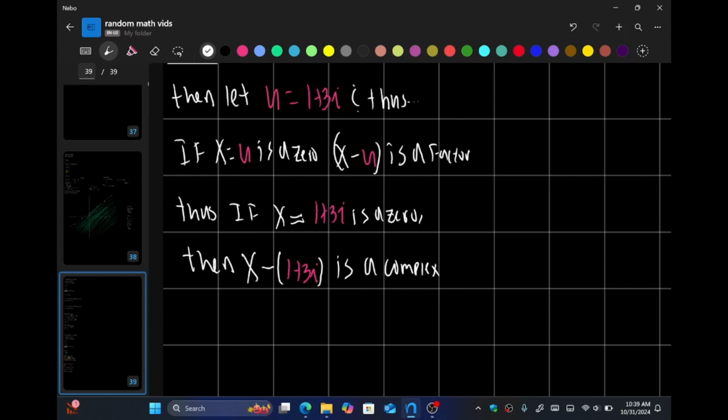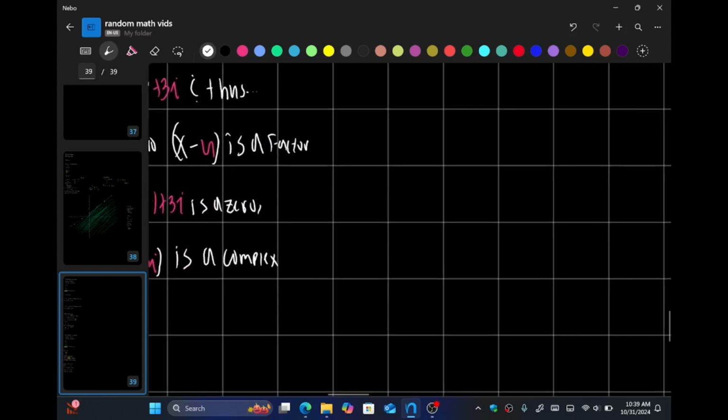I think it would be linear because it has degree of 1.